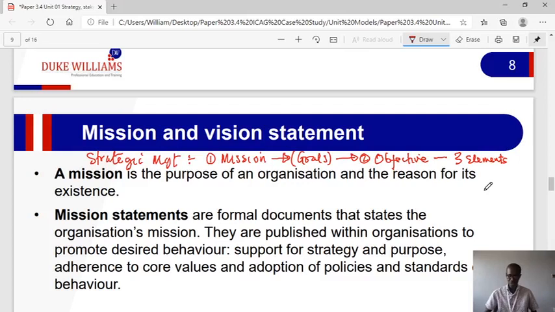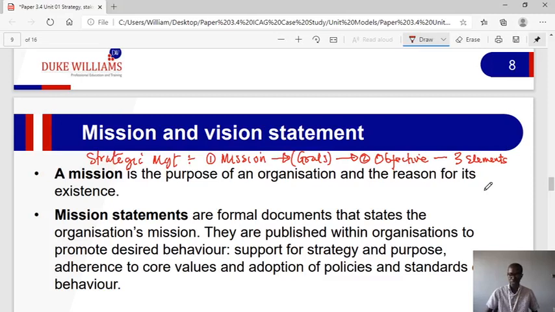Maybe VIP, to provide transportation for interregional travels in Ghana or in the sub-region, West Africa. What is the reason for its existence? To make traveling from one region to the other affordable and flexible or easy. So the mission is the purpose of an organization and the reason for its existence.